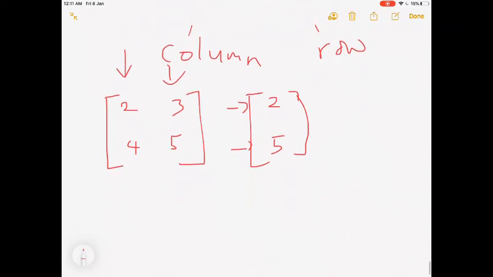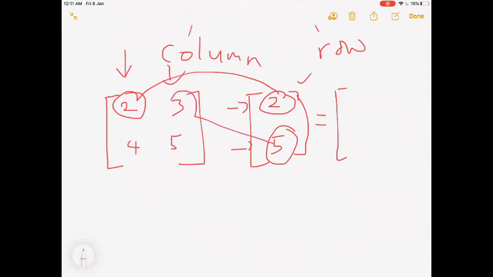How this is done: take this number here, you multiply that, and now you should know that our new matrix is going to take the form of the second, and take this, you multiply that and add the 2. So 2 times 2 is 4, plus 5 times 3, that's 15.